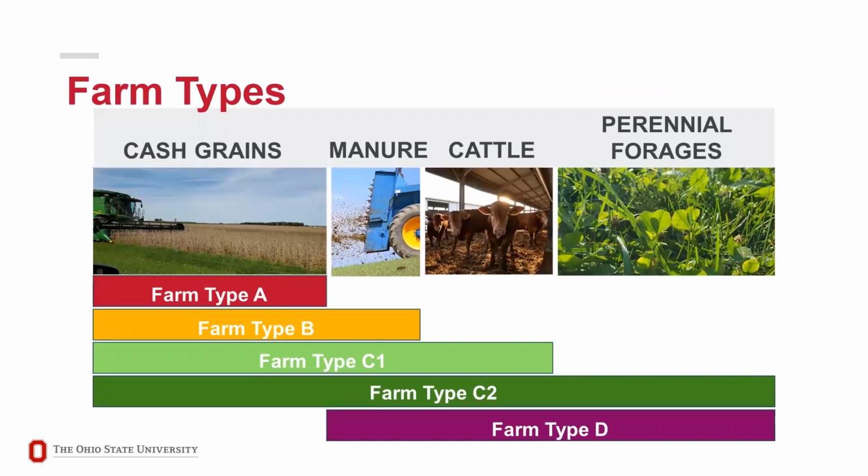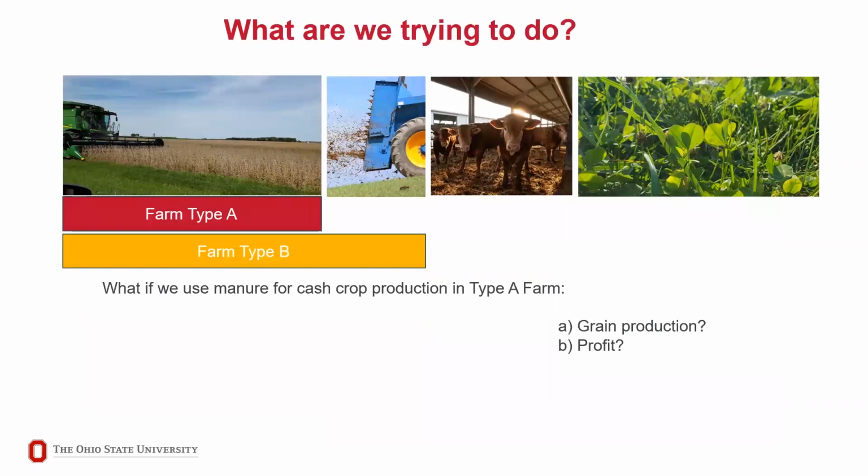So we have 4 different farm types actually. With the model, if we want to compare farm type A and B, which is different with the manure application, right? Farm type B receives manure, but not farm type A. So what we can do, if we use the manure in farm type A, is that going to increase our grain, or is that profitable?